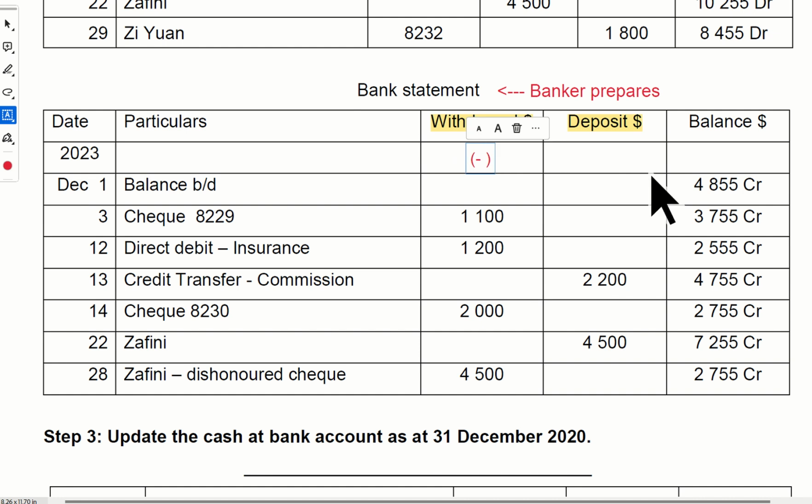There has been some payment by the banker from the business bank account. And the word deposit means plus. There has been some receipt of money into the business bank account. So you need to get used to the terms withdrawals and deposits.